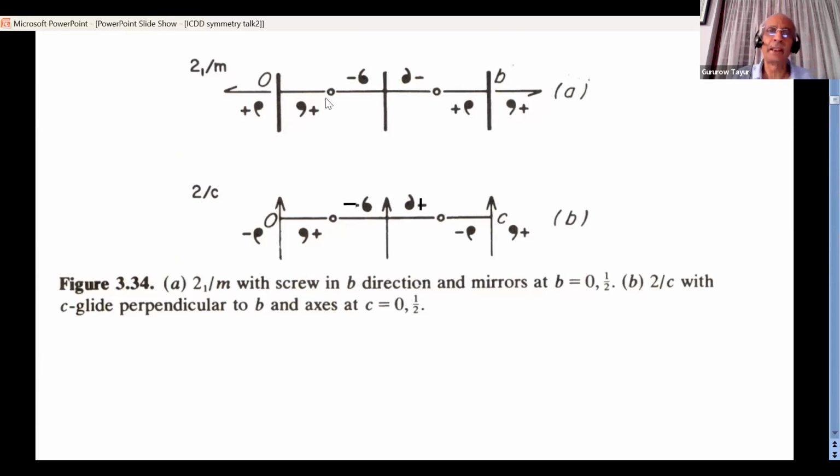The convention is to always use this as the center of symmetry, as we will see later on. So when we discuss the symmetry that appears in the given direction, a similar thing happens when we have 2 by c symmetry.